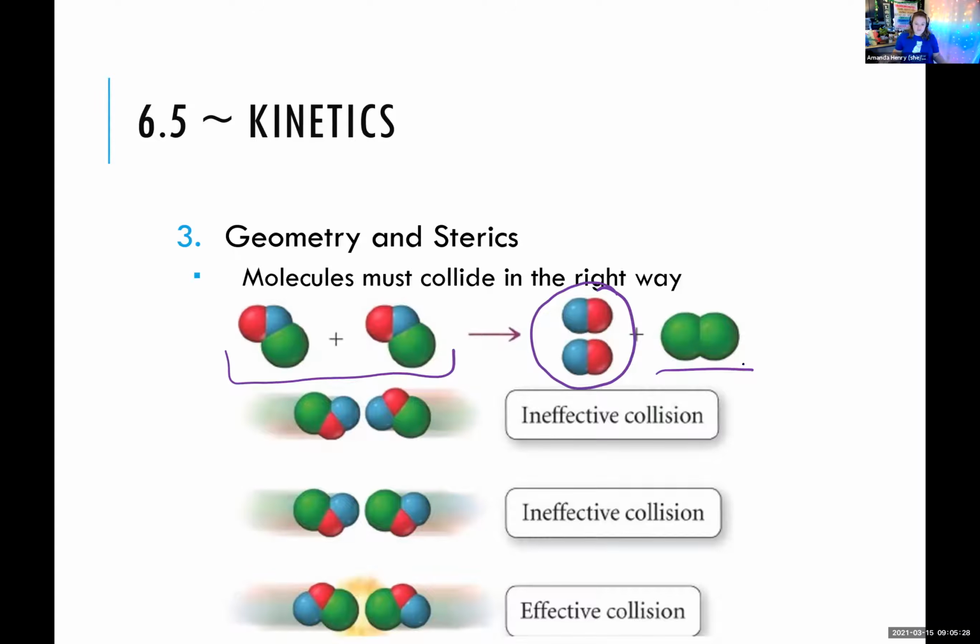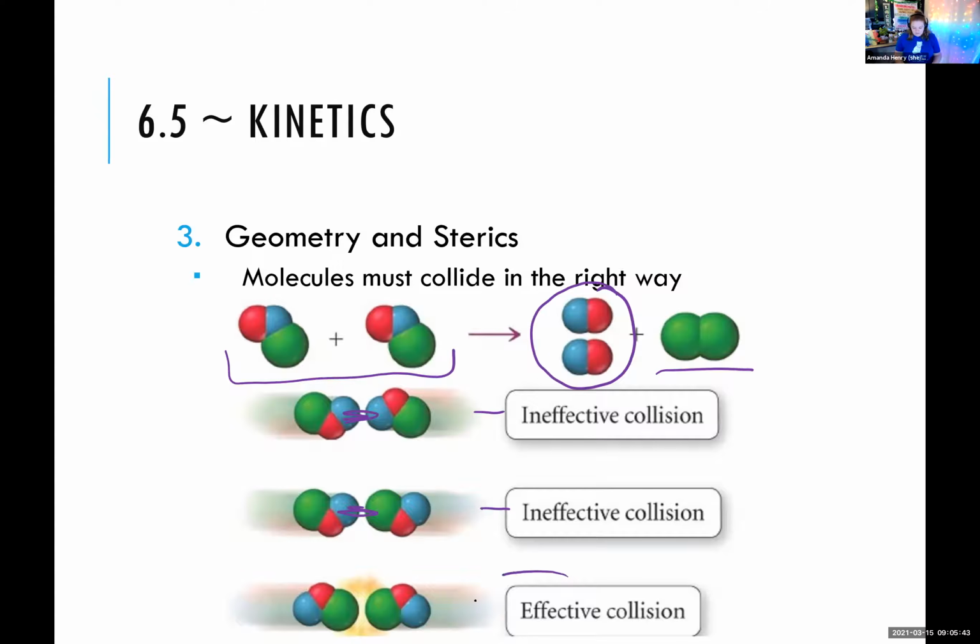So in order for this to happen, we're shown two collisions that are ineffective, meaning if those molecules run into each other, blue to blue or blue to green, nothing's going to happen. They're just going to bounce off of each other.